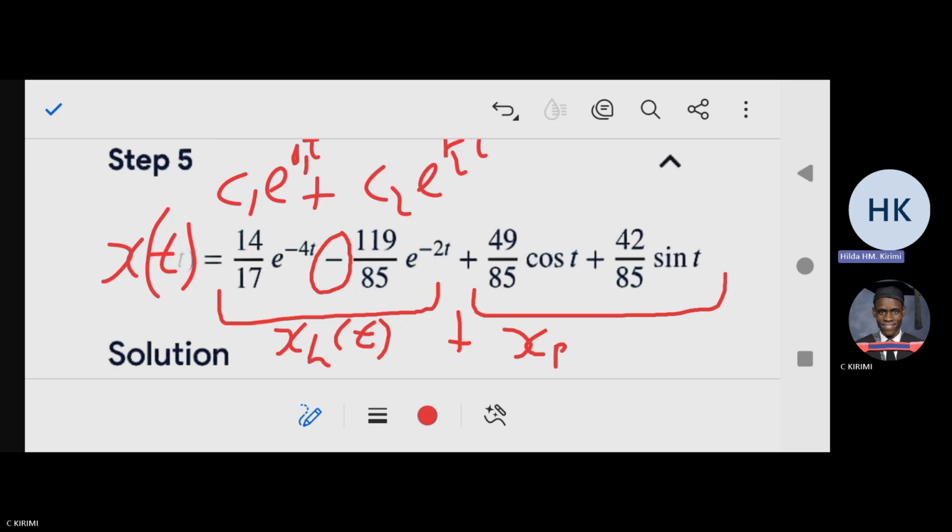Solution, which we calculated. Then we found the general, which is what you are looking for. So when you add the homogeneous solution and the particular solution, you find the general what? Solution. Yes.